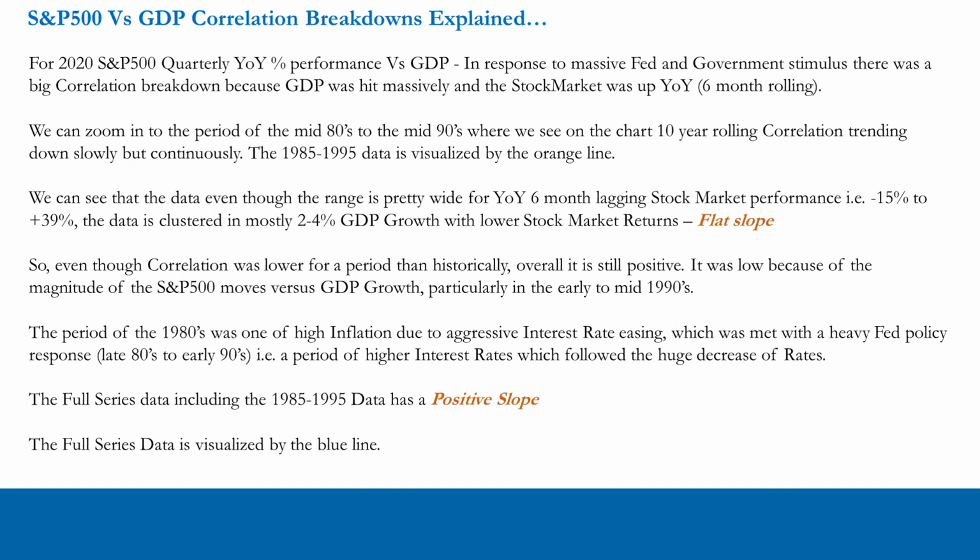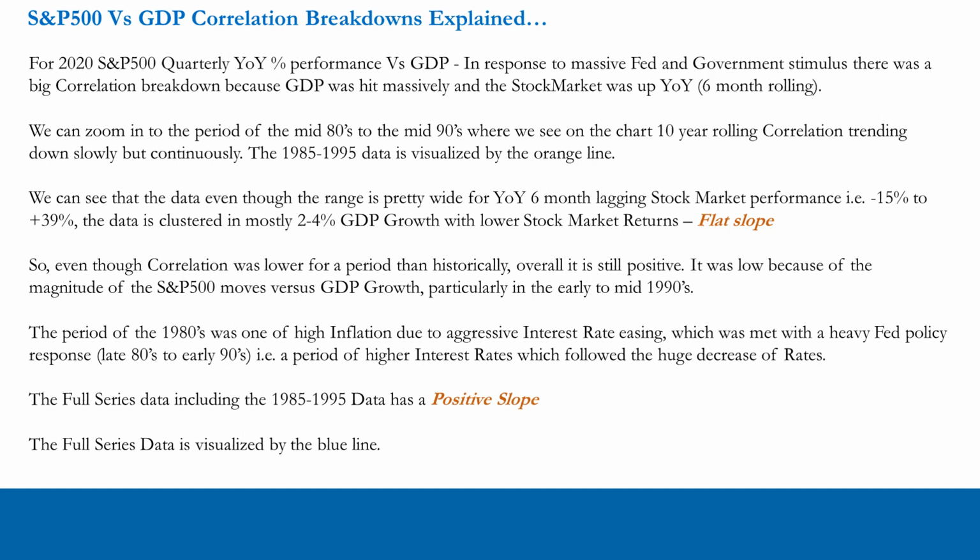There was a massive, big correlation breakdown because GDP was hit in a massive way. And because of the massive Fed and government stimulus, the stock market was up year-on-year, 6-month rolling percentage basis. So it's an extreme number that skews the data set, okay? And it's obviously an outlier and it's completely abnormal, okay? So abnormal being it's not a normal situation.